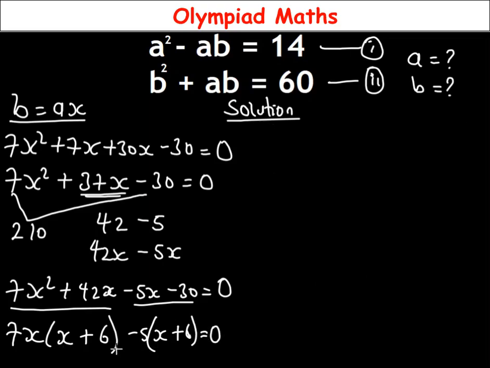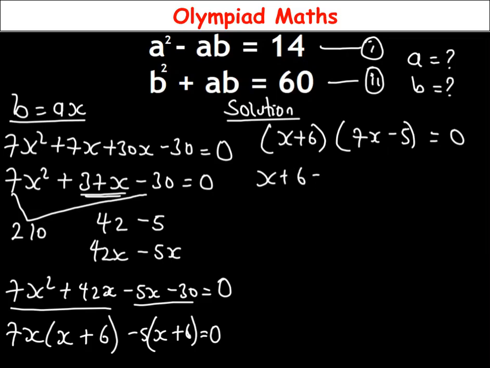Now, we have two common factors, x plus 6, pick one. So x plus 6, and then we have 7x minus 5, put that also in one bracket, all equal to 0. At this junction, x plus 6 is equal to 0, or 7x minus 5 equals 0.